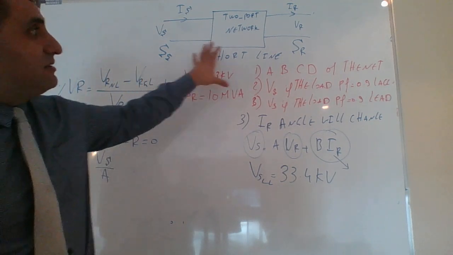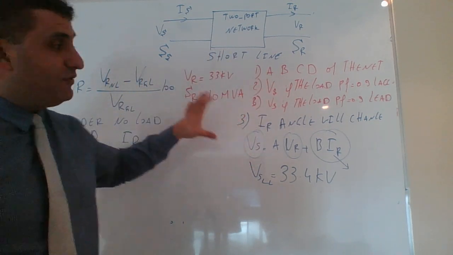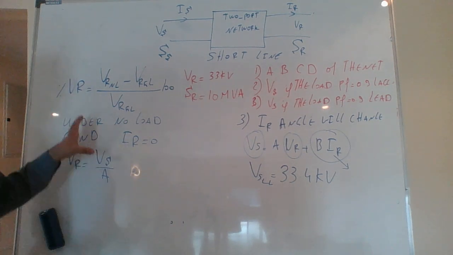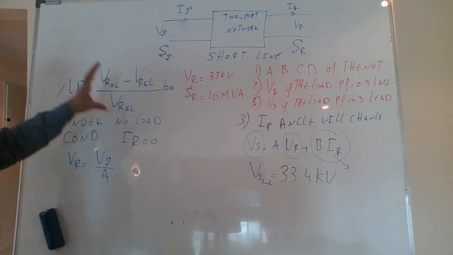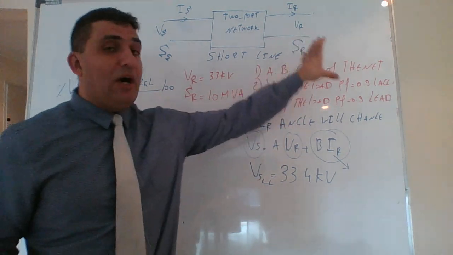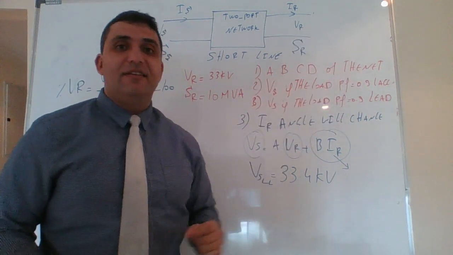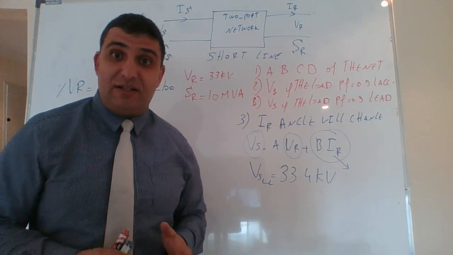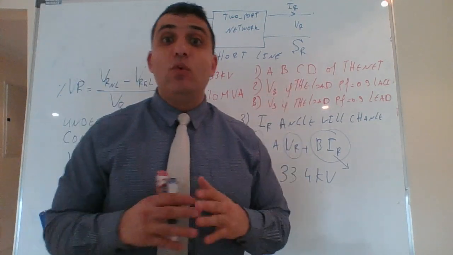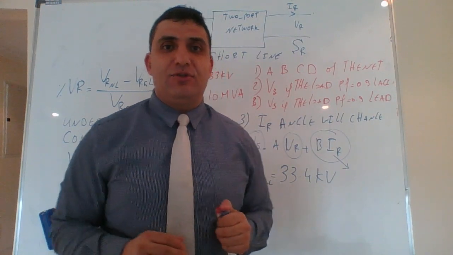After we finish this short line, we did an example and we showed how the sending voltage changes for the same power as long as the power factor changed from lagging to leading. Same magnitude of power factor from lagging to leading. It will change the sending voltage.